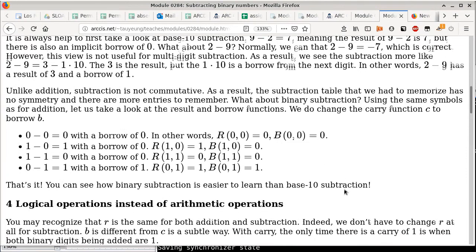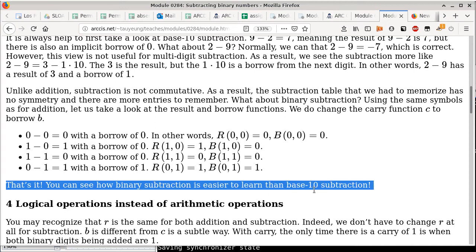And of course, this last sentence here is entirely true. Base 2 subtraction is far easier to learn compared to base 10 subtraction because there are only 4 cases. Some people would say the first 3 cases are totally trivial, just intuitive. The only tricky one is the 4th case.